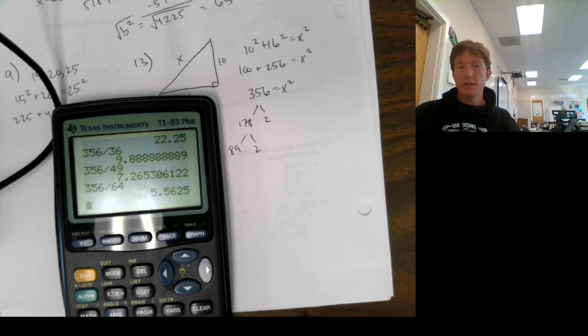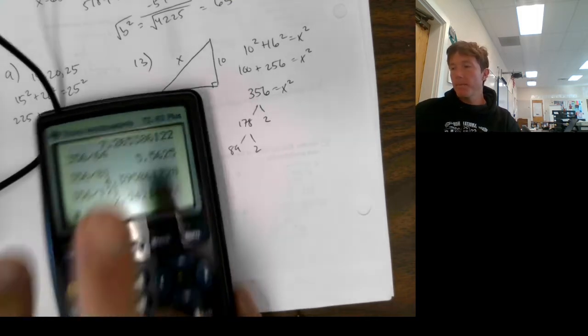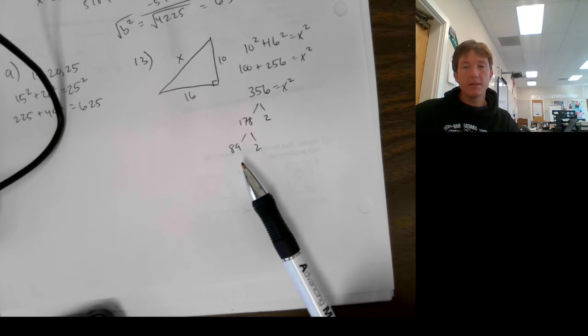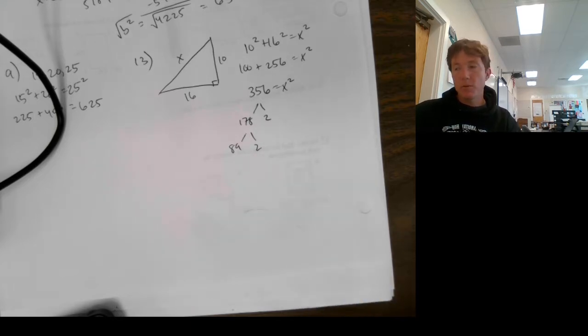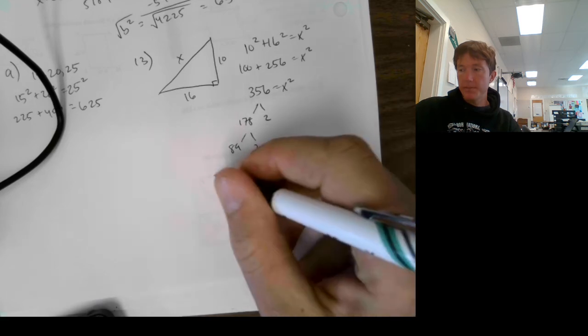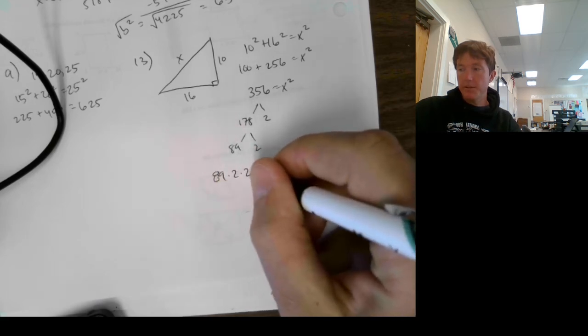Okay, so the chances are getting pretty slim at this point. Let's do 9 squared. That doesn't work either. 10 squared is 100. That won't work. Let's do 121. Not going to work. Okay, so at this point we're done because 89 is a prime number, meaning it is only divisible by itself and 1. So 356 is equal to 89 times 2 times 2.